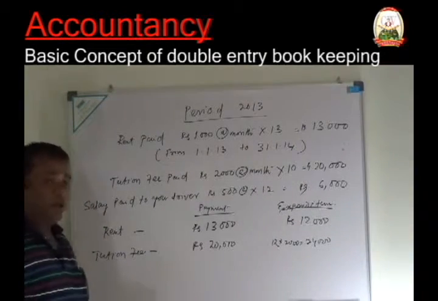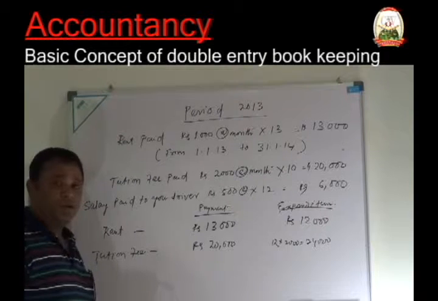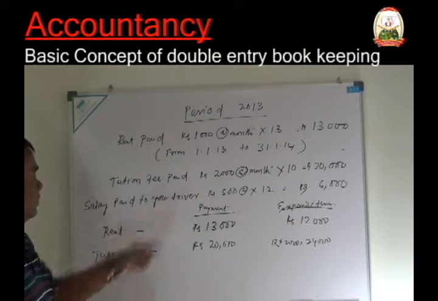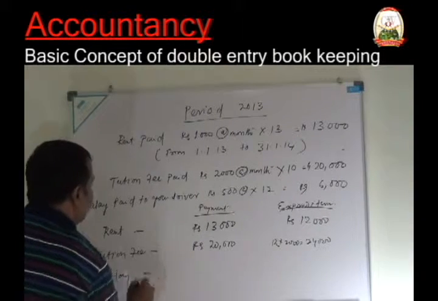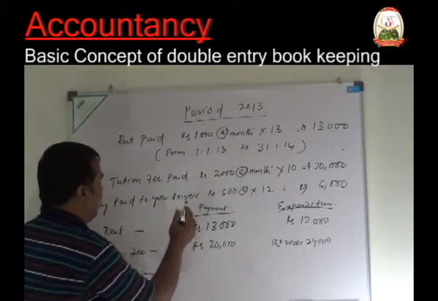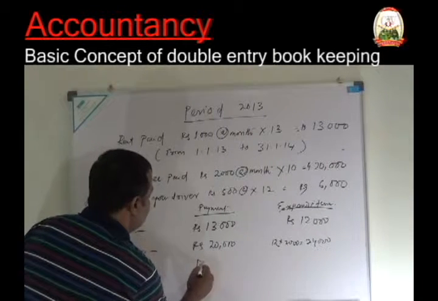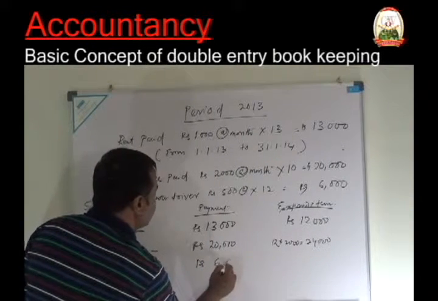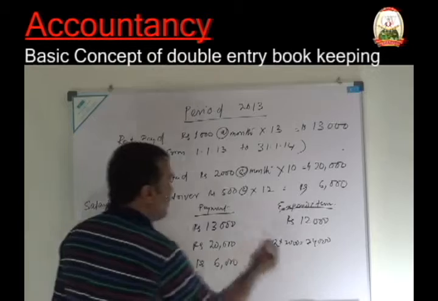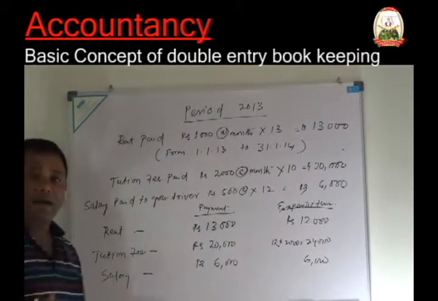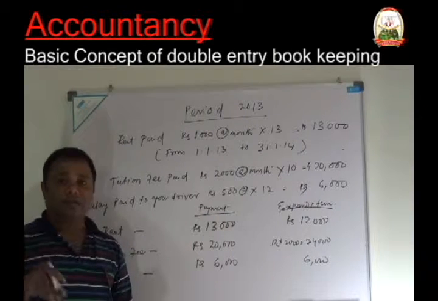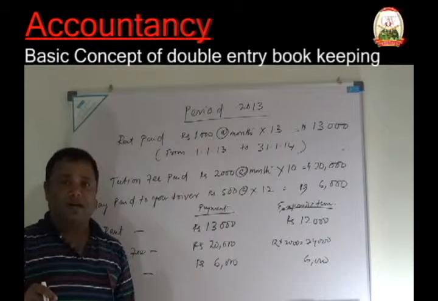Similarly, you paid the salary to your driver. Here your payment is rupees 6,000. Similarly, your expenditure is 6,000, because whatever you have paid is also treated as the expenditure incurred.